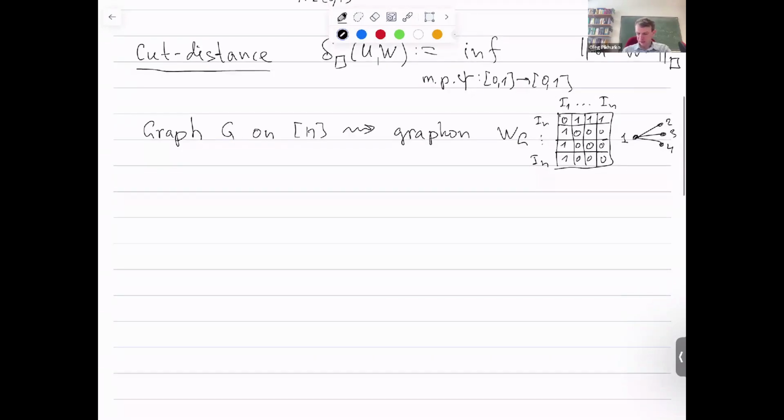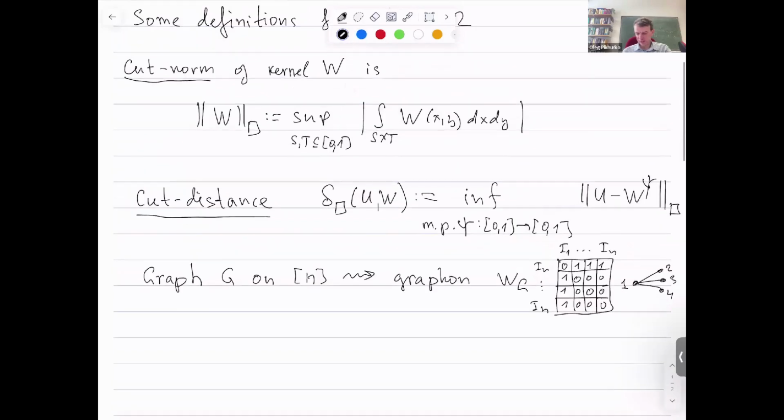Then one more operation which we had last time: if you have a graph G, say with vertices 1 to n, you can correspond it to a graphon, which I call W of G. You partition the unit interval into n equal parts, here called I1 to In, and then you put in the adjacency matrix.